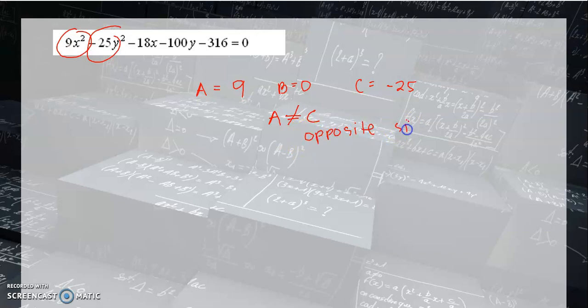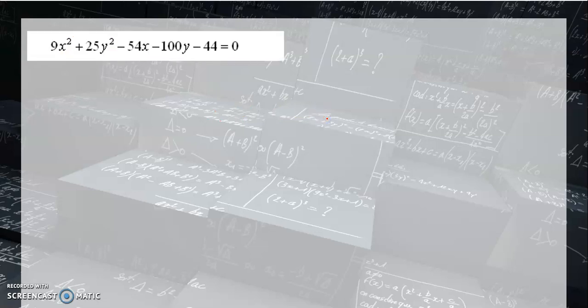One is positive and one is negative. So this is a hyperbola. The next example shows y squared plus 6y minus 4x plus 1 is equal to 0. As you can notice, you only have one squared term, which is y squared. So this is an example of a parabola.